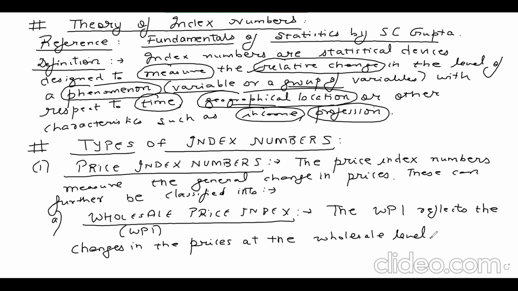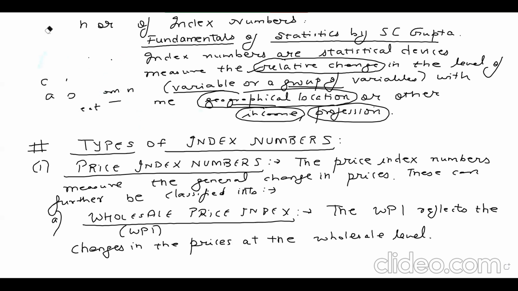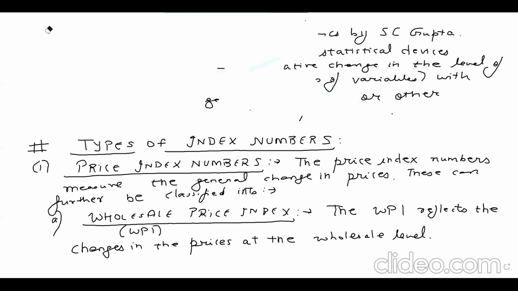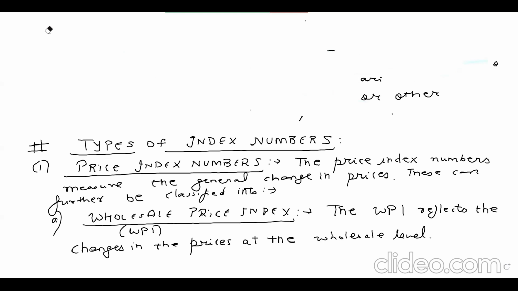If I look at retail price index, what is a retail price index? Erasing the initial part off, what is more important in this particular module are the numericals and the methods of constructing index numbers.